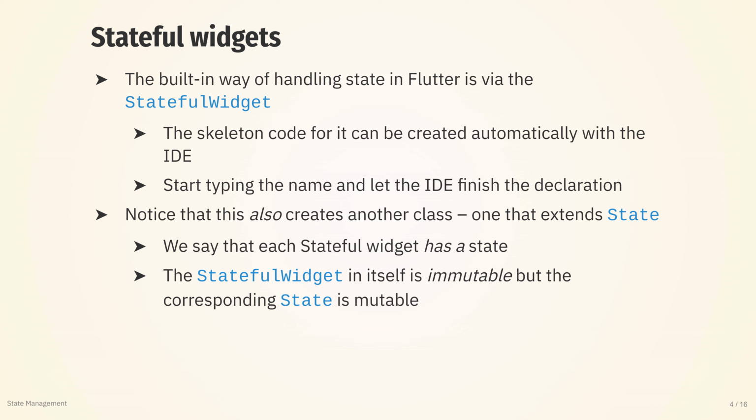But we'll see that when we do that, we actually create two classes, one for the stateful widget and one for the state. So that means that a stateful widget has a state. The stateful widget itself is immutable, but the corresponding state that we create is mutable. This will be easier to understand when we see this.